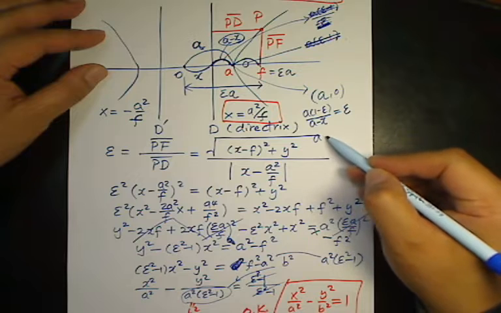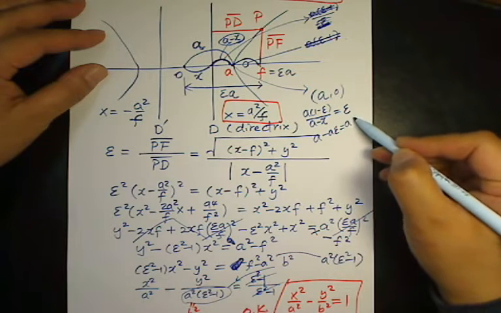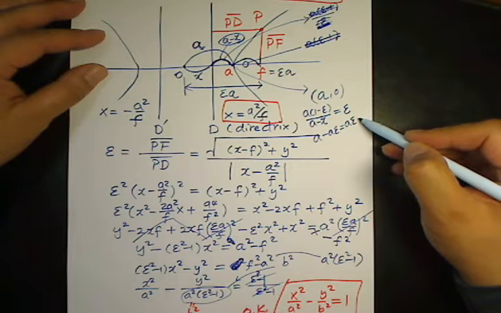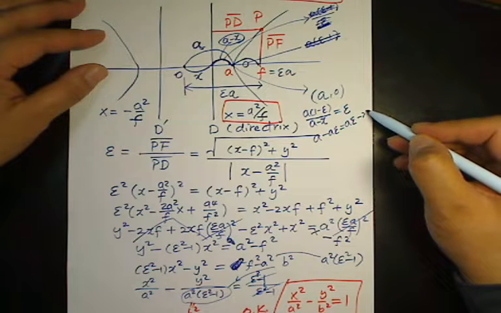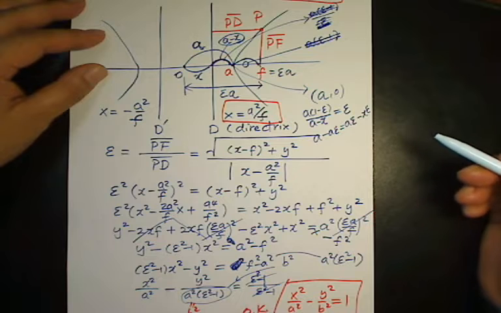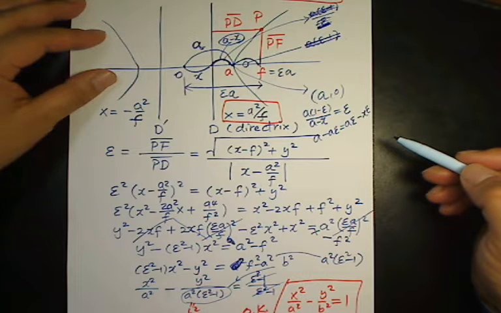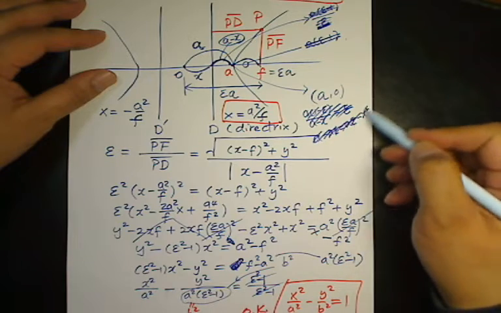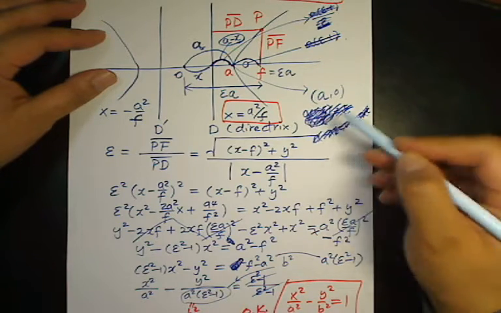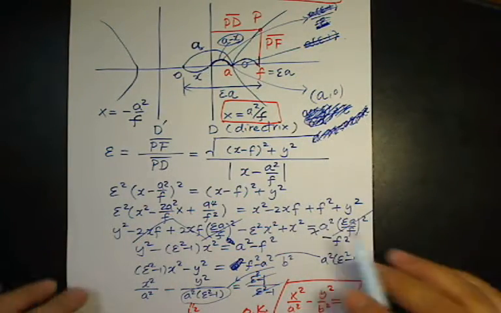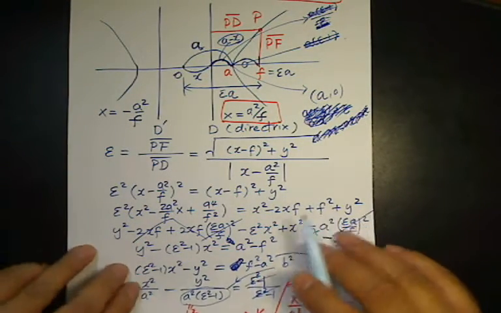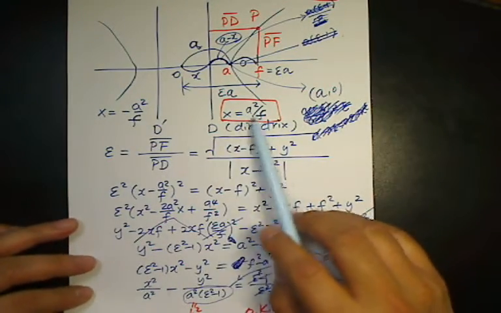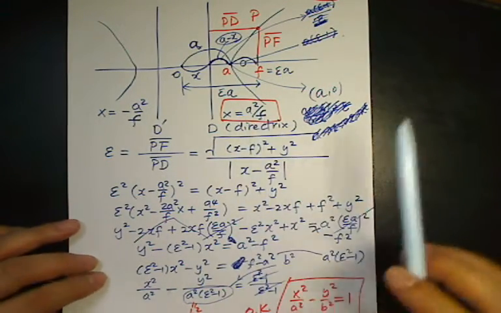So a minus a epsilon equals a epsilon minus this one, right? There is something wrong. So you can check all these calculations because our time will be up soon. Anyway, the directrix is this, which is the correct one.